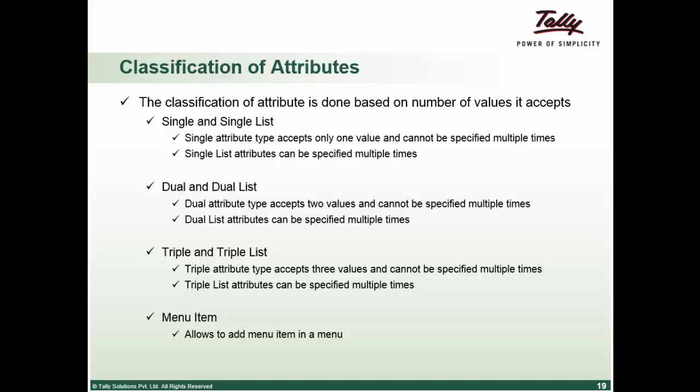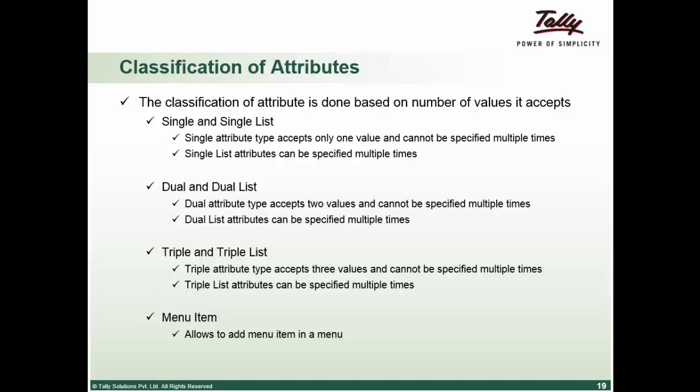Then we have dual and dual list. A dual type attribute accepts two values and cannot be specified multiple times in the same definition. For example, a repeat attribute at part level can be specified only once and takes two parameters, that's the line name and the collection name.